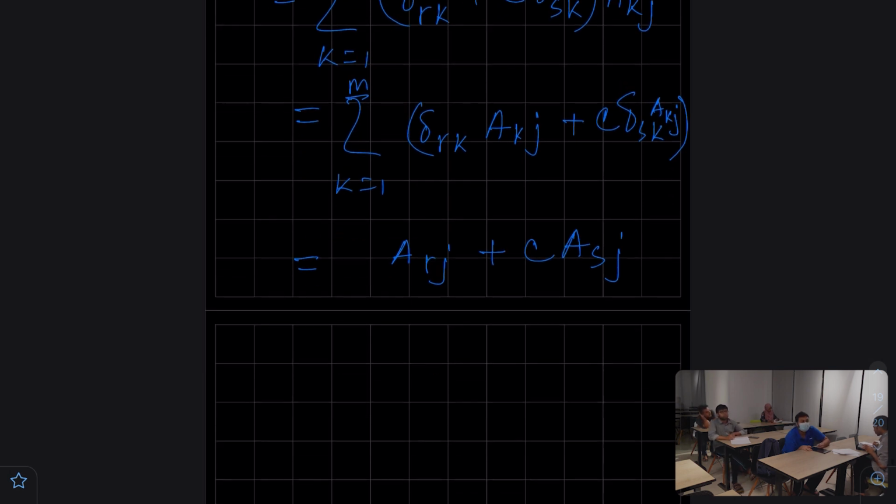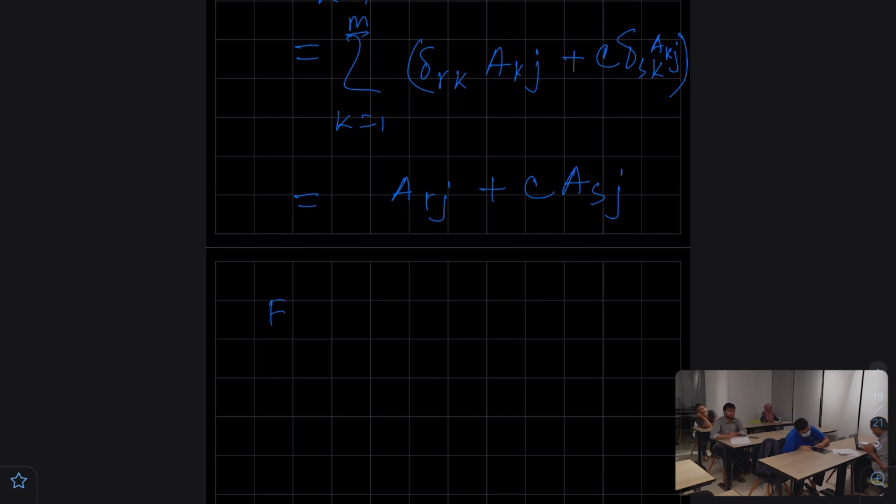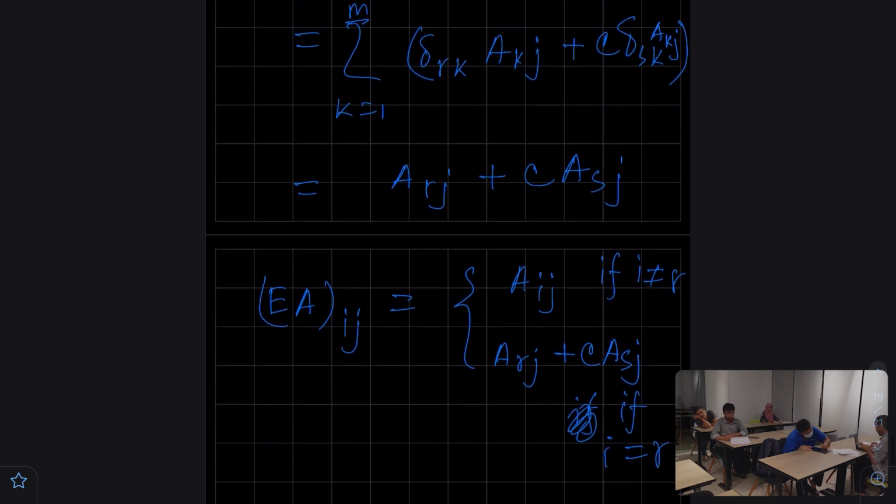Then I can collect all these results, and I can write e(a)_ij is equal to a_ij if i is not equal to r, and a_rj plus c times a_sj if i is equal to r.